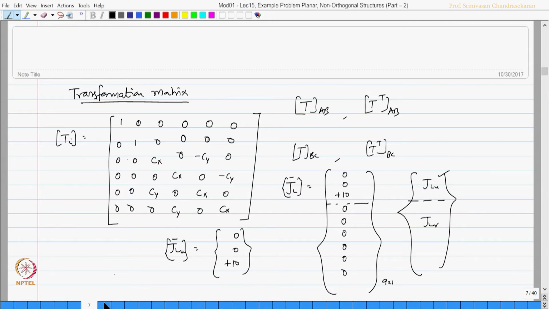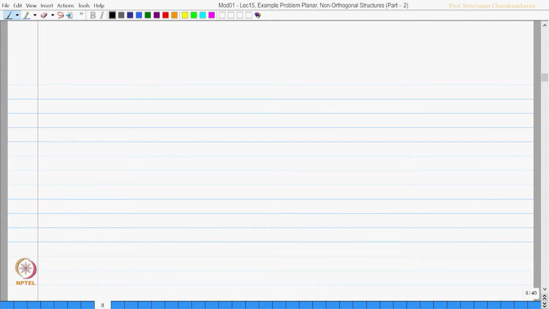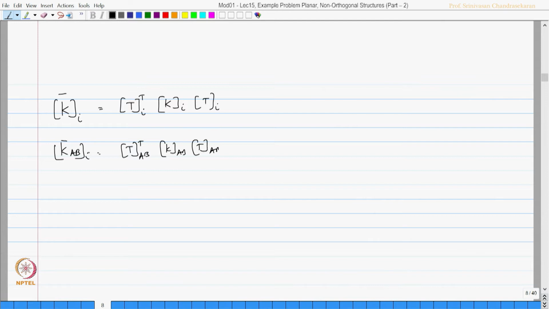Once I get that, I can now find the total stiffness matrix. First, let me find K bar of each member as T transpose of the ith member with K of the ith member with T of the ith member. So, now I can do this for K AB, which will be T transpose of AB, K of AB and T of AB.